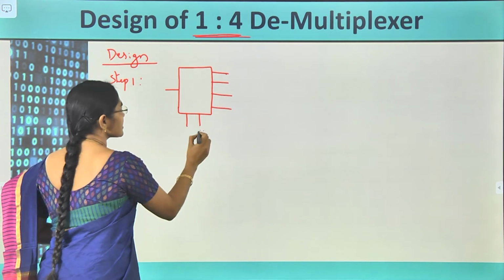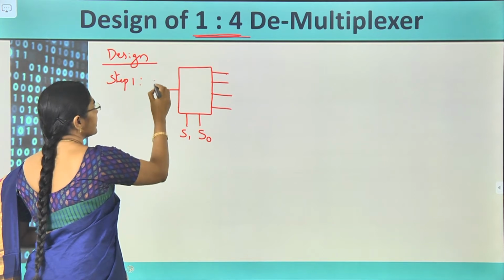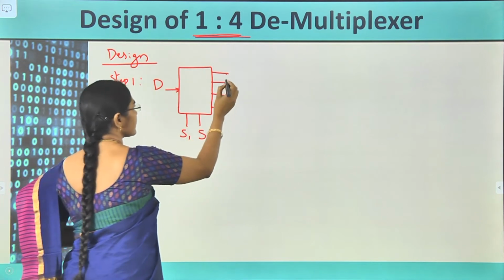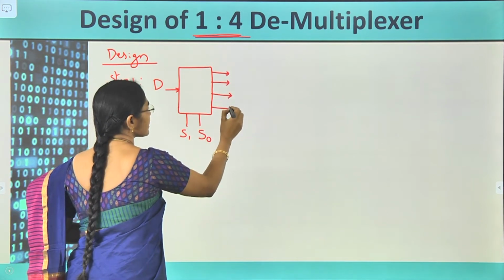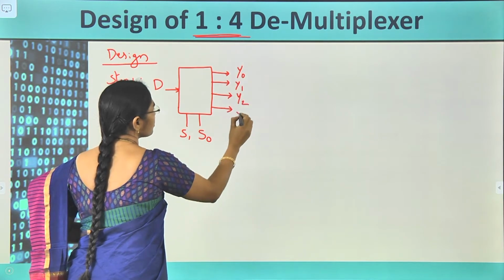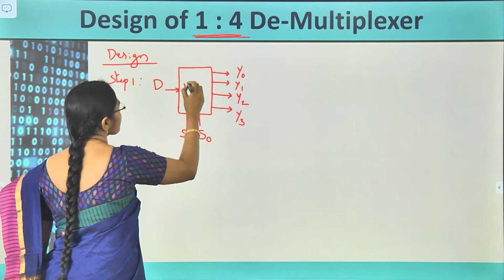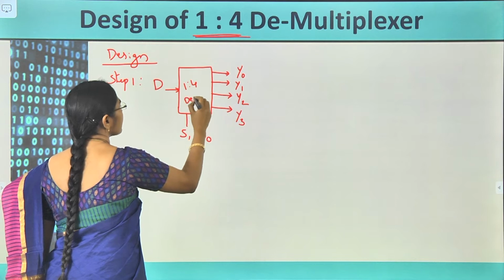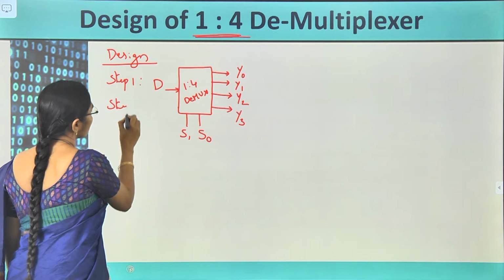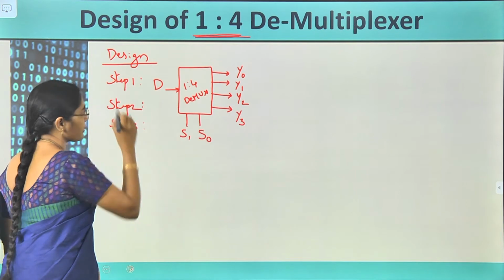Okay, taking the names of the 2 selection signals as S0 and S1, the input as the D data signal, and the 4 output signals as Y0, Y1, Y2 and Y3. So what is its name? Its name is 1:4 demultiplexer. So we have seen step 1, step 2 and step 3 combined in this symbol part.